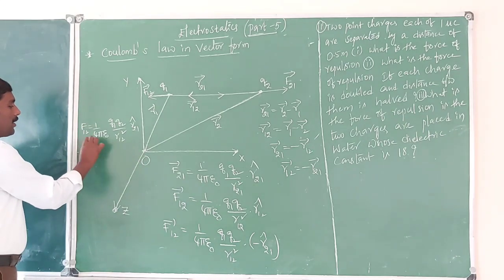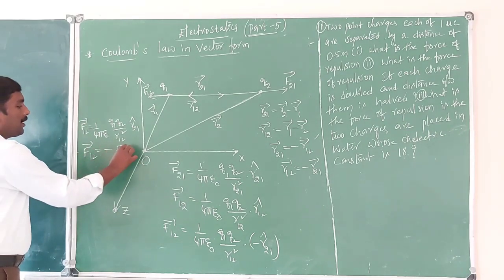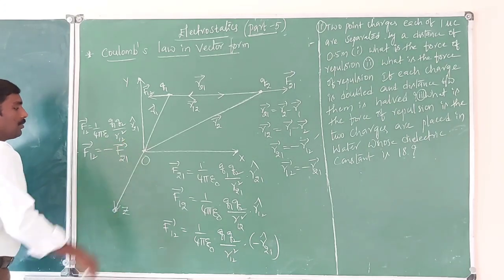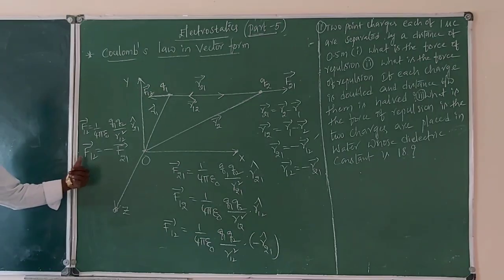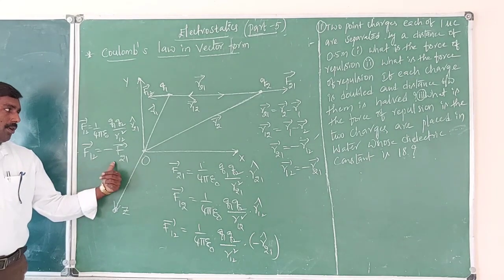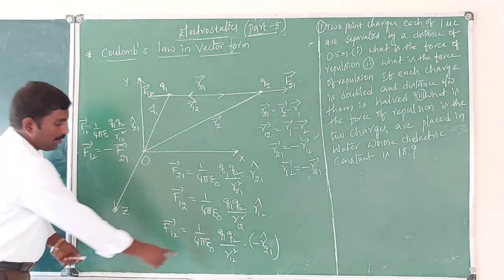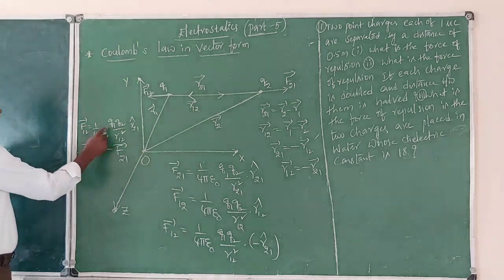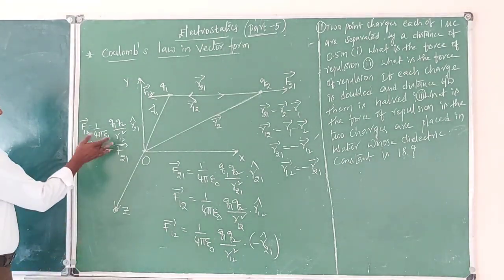Then F12 vector is equal to minus F21 vector. These two are equal in magnitude, opposite in direction.